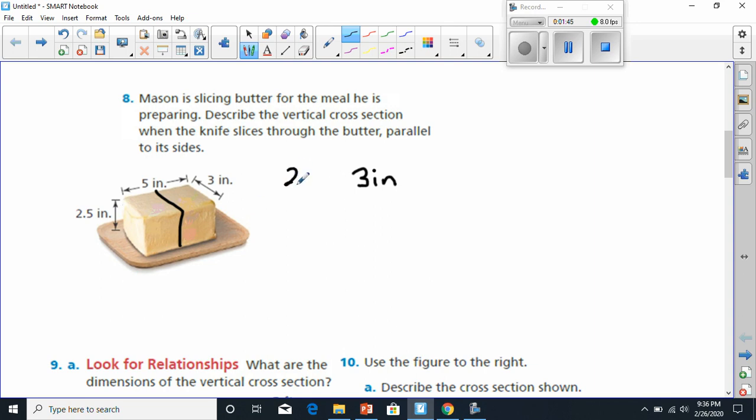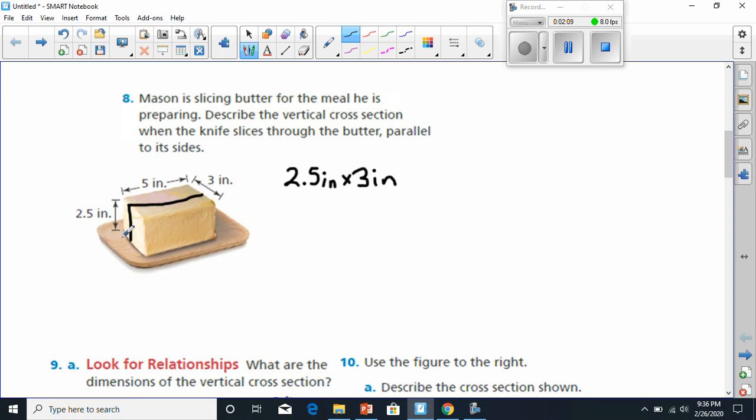So 2 inches by, well, actually that's 2.5. 2.5 inches by 3 inches, all right? But let's not forget that we could also have Mason slice it this way.